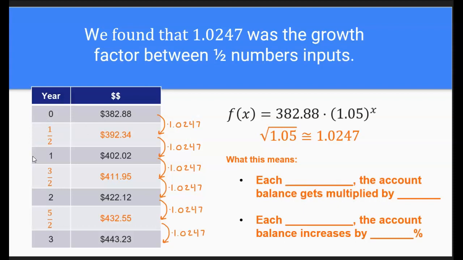So what are we increasing by each step over here? Looks like we're increasing by a half year, and then another half year, another half year, and another half year. So each half year, the account balance gets multiplied by 1.0247. Notice that number is different than when we were going by a whole year. That makes sense because we actually need it to be 1.05 when we do 2 steps.